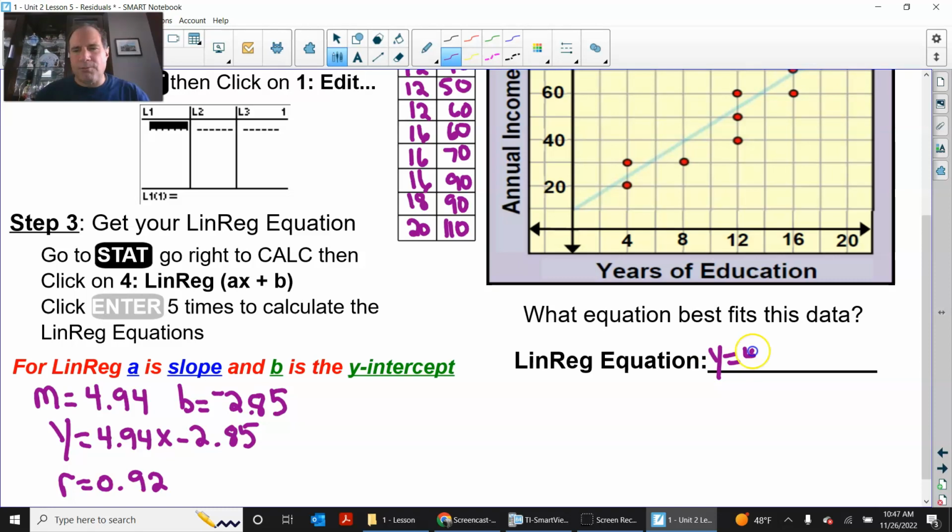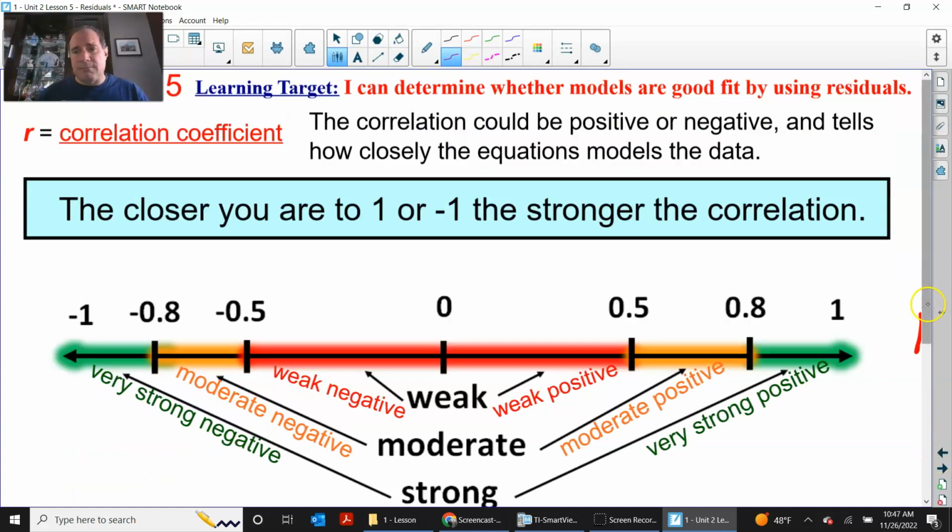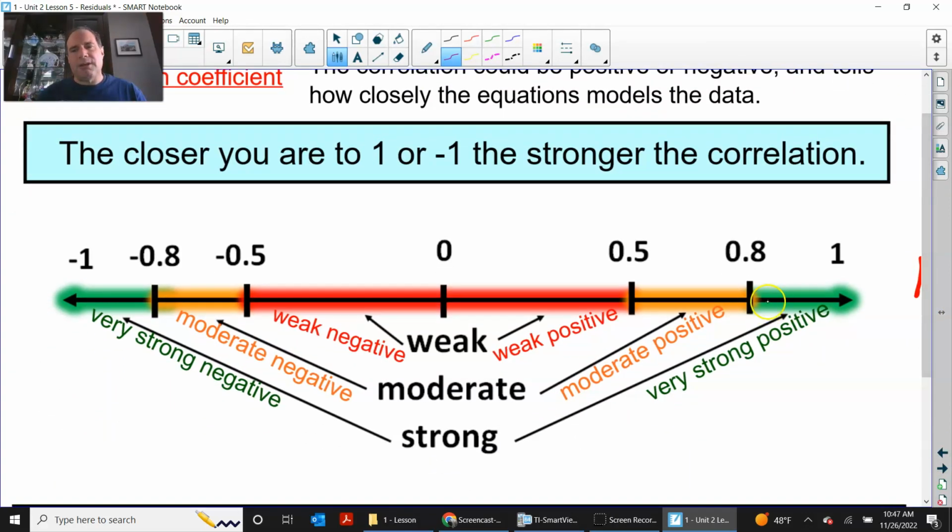Y equals 4.94x minus 2.85. And this correlation coefficient, if you take a look, R equals 0.92. And just try to remember this right here that I made up. Would 0.94 be right?